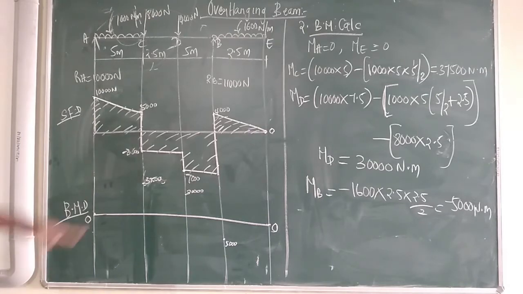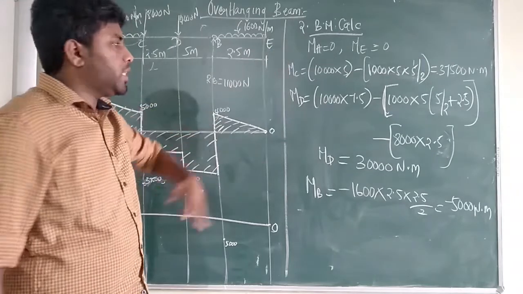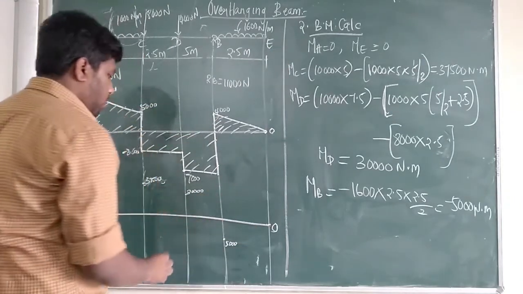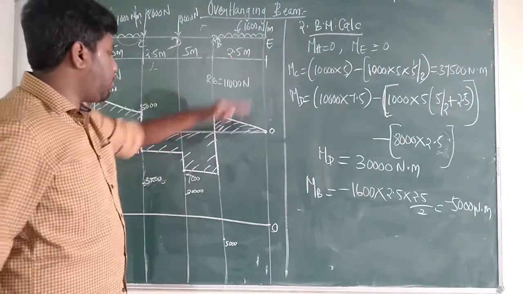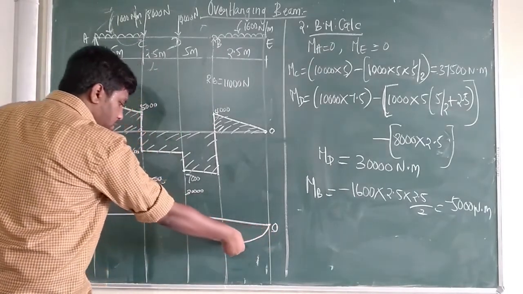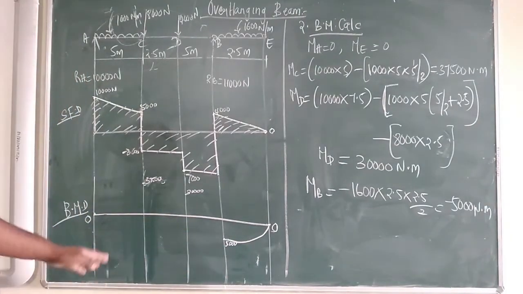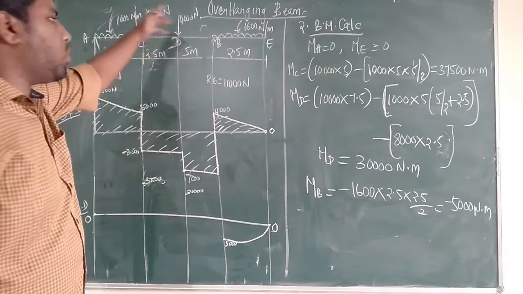See, from E to B there is a UDL. UDL means in the bending moment diagram that will be a parabola, right? So from E to B I am going to draw a parabola. Okay. Next, from B to C there is no UDL, only a point load.